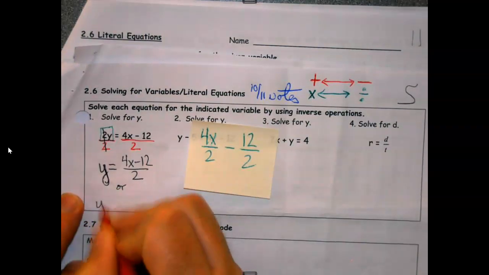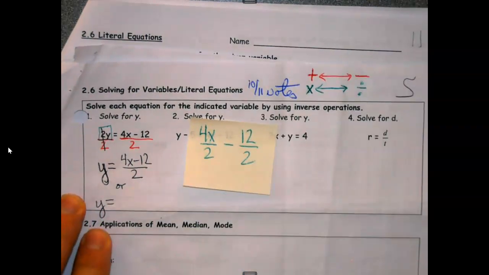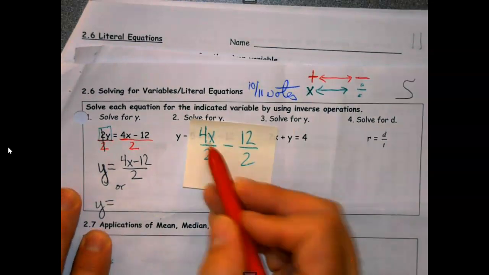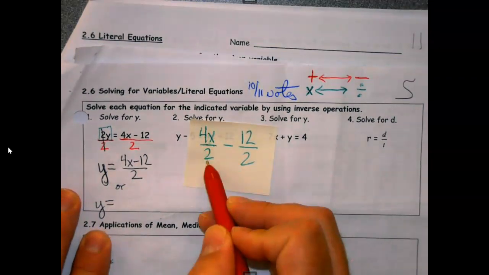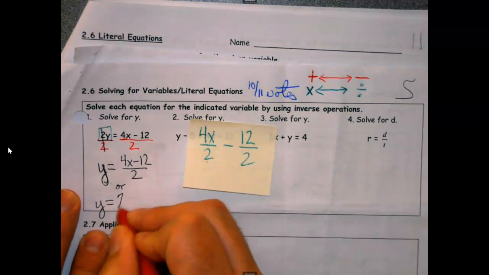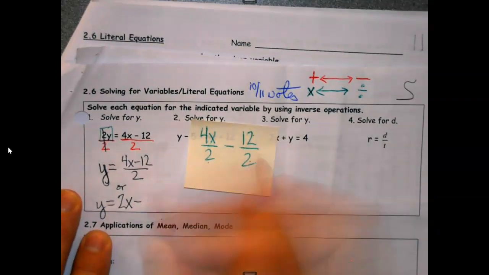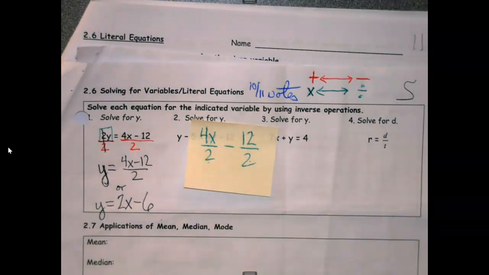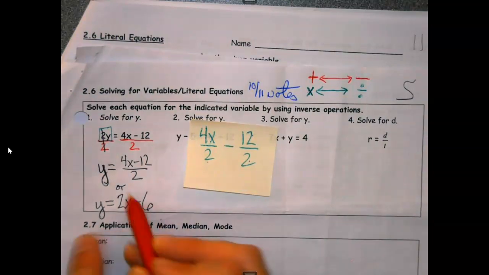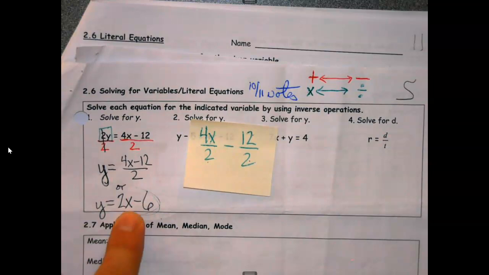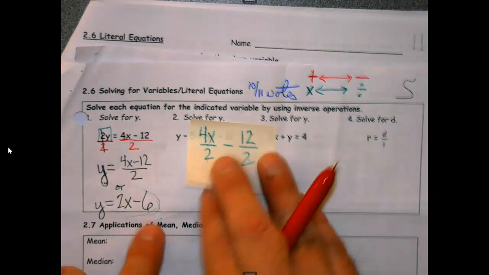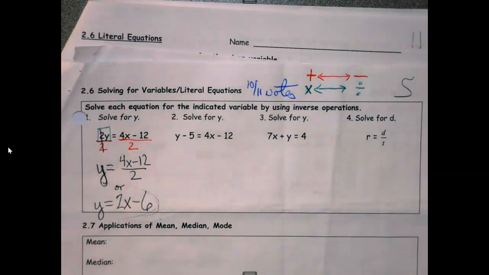Or, what's 4 divided by 2? 2. And 12 divided by 2 is 6. Normally my answer keys are probably going to show this one, but these actually equal out to the same thing. So you have that as an option.